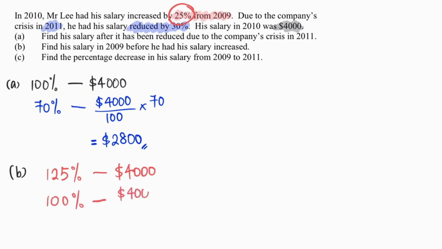So my $4,000 will have to divide by 125 times 100 to give me a value of $3,200.